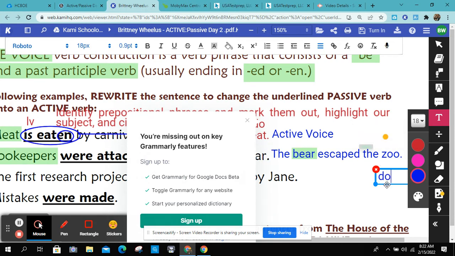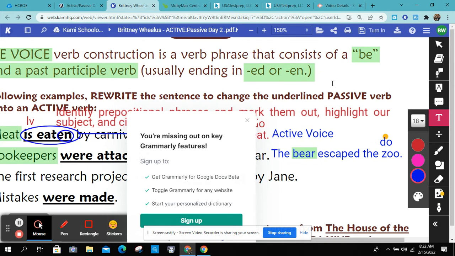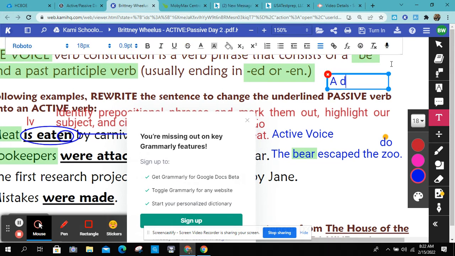All right, it is a direct object. Now, let me ask you this. A direct object will always be what part of speech? A DO will always be a noun or pronoun.